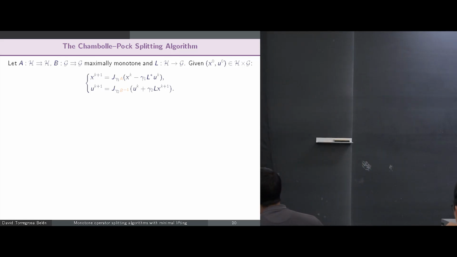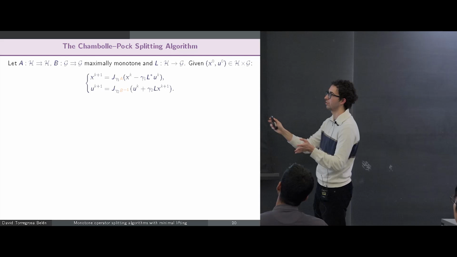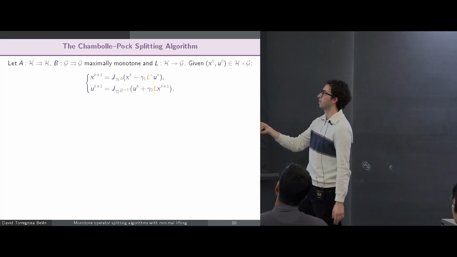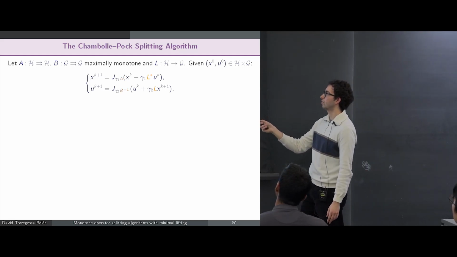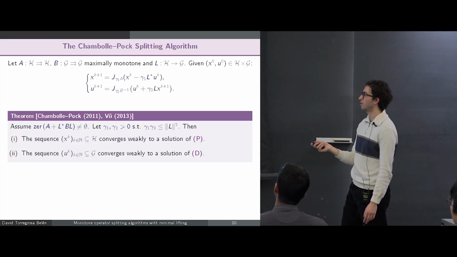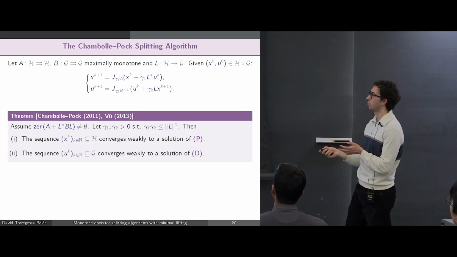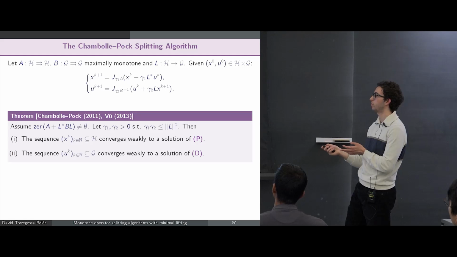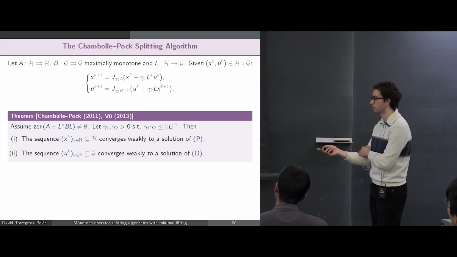There is an inverse here, but this is equivalent to computing the resolvent of P. And then you only have forward evaluations of the linear operators and the adjoints. So this is the result: the primal sequence will converge to a solution of the primal problem, and the dual sequence will converge to a solution of the dual problem.